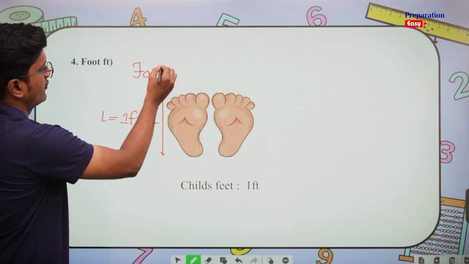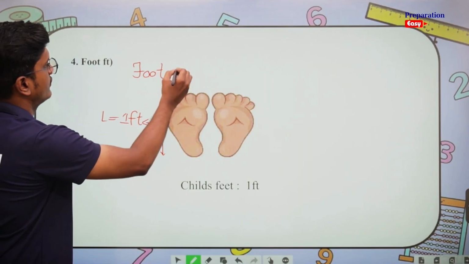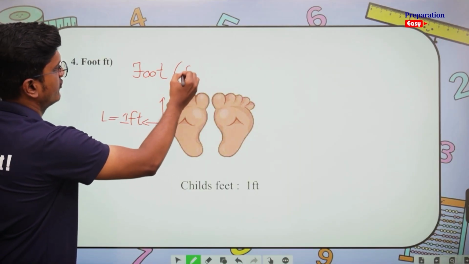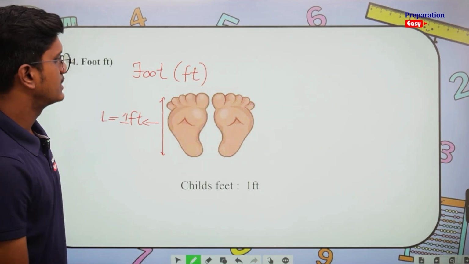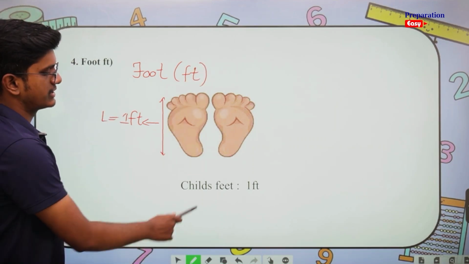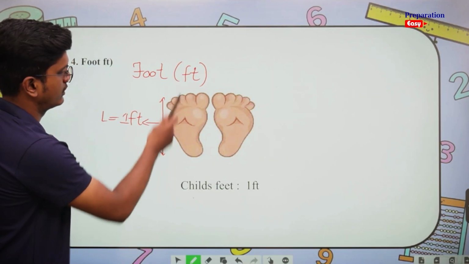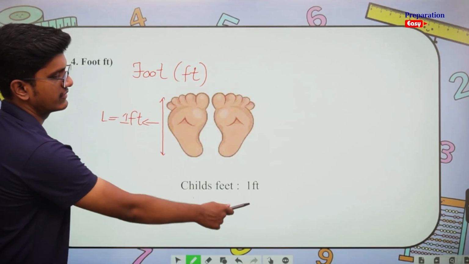The length of the foot is 1 foot. So we have written it in this way. Foot is another unit of measurement like centimeter or inches. So the length of the child's foot is 1 foot.